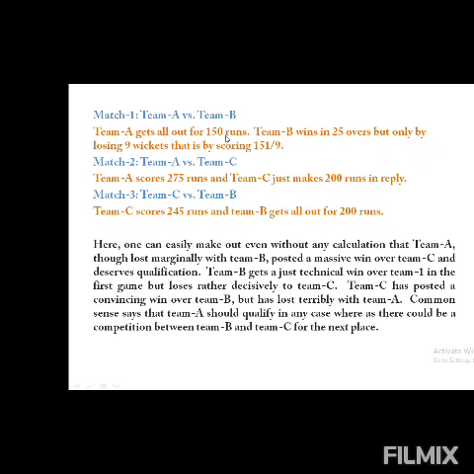So whatever score team A has made in 50 overs, team B is making the same runs in 25 overs. So that will give a huge advantage for team B. And if you use the NRR rule, team B will be the topper and they will qualify. And in fact, then the competition will be between A and C. And in this particular case, C also will get qualified and A will lose, which is totally wrong.